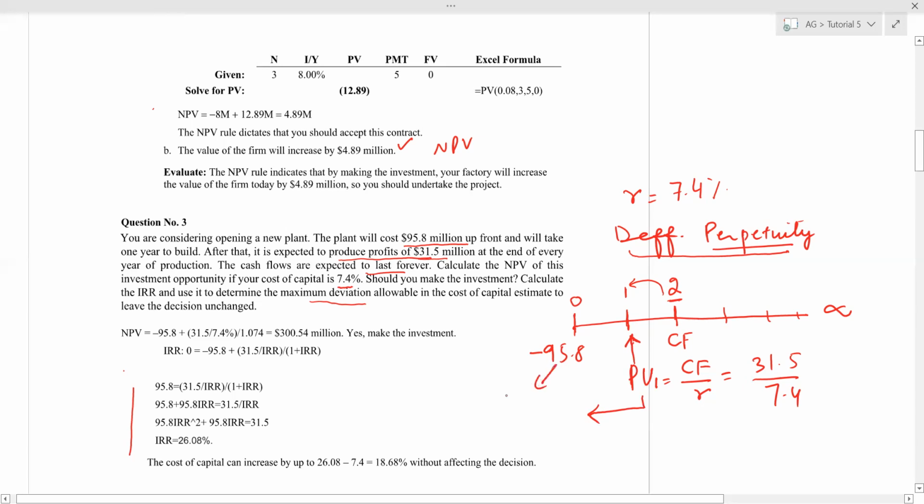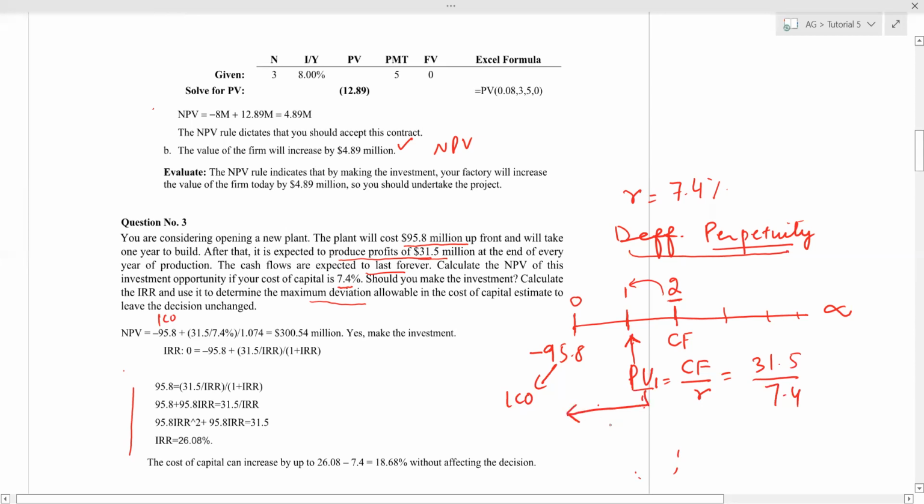So if you see, there is the initial cash outflow, and we have to take the answer back to year 0. So we need to do another step. We will divide PV1 by (1 plus R) power 1. That is why in the formula you can see initial cash outflow plus PV1, which is at year 1, so we have to take it back to year 0.